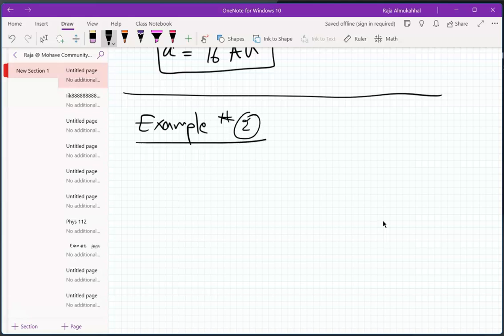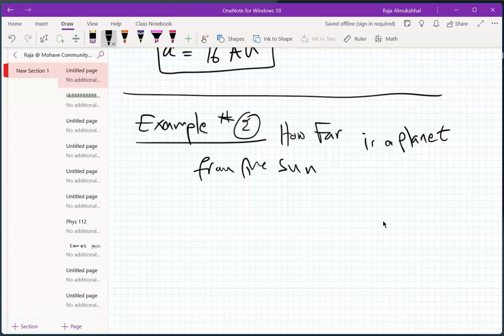We have here, it says, how far is a planet from the sun? I'm sorry, I need to read it here from my notes. Oh, compared to the Earth.